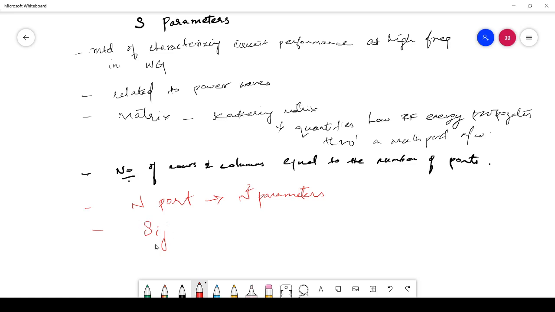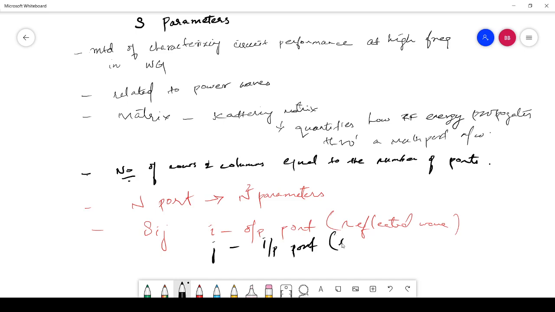I is my output port, that is, my reflected wave, and J is my input port, representing my incident wave.